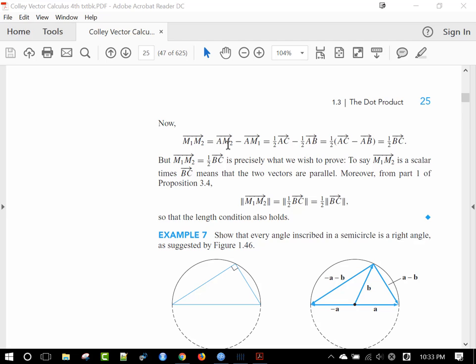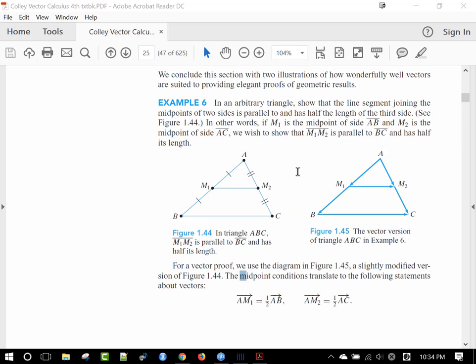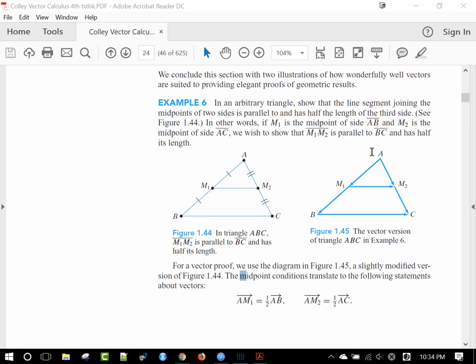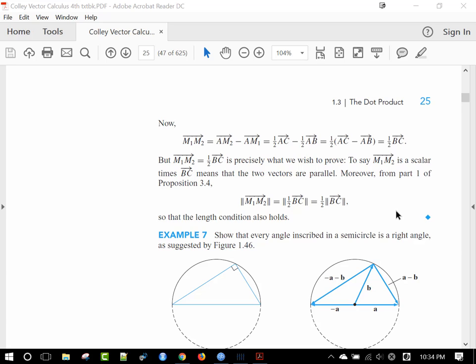And AM2 and AM1 can be written, as we just said, AM1 can be written like this, and AM2 can be written like this, and that's what they wrote here. Then we can factor out the half, and we get AC minus AB, which is just BC, right? AC minus AB is BC, so we get that here.